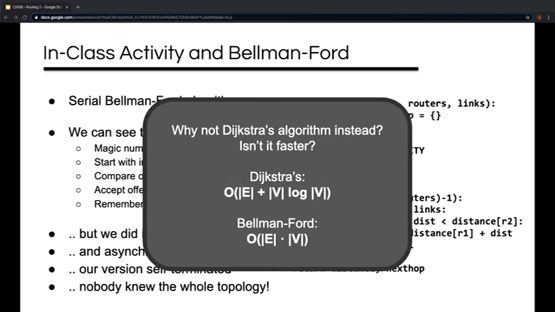Is it efficient to do that with Dijkstra's? The big O of the serial version doesn't necessarily apply to a parallel version. Next class, we will talk about an IGP routing protocol that uses Dijkstra's algorithm, and it does not do it by making it parallel, distributed, and asynchronous. Anyway, it's just not an apples-to-apples comparison here.